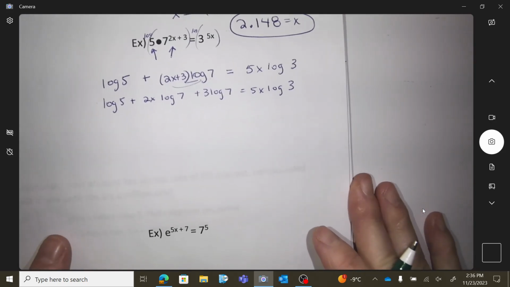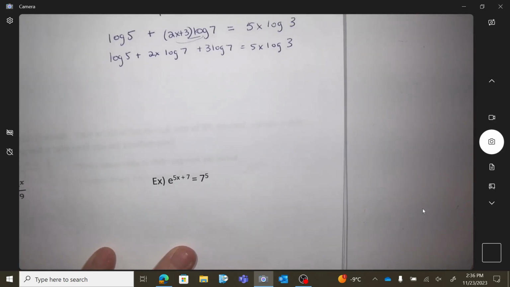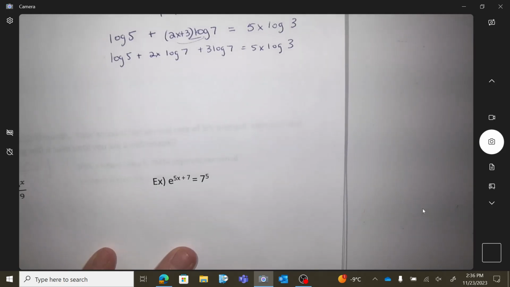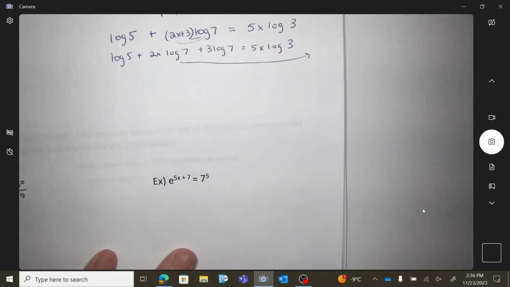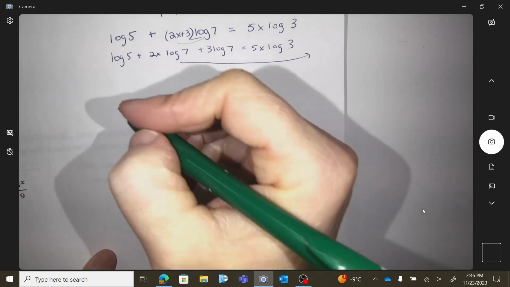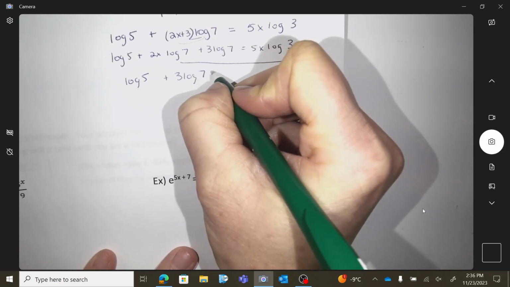When you look at this, here's what you're going to think. Anything that contains an x will need to be grouped on one half of the equation, and anything that's no x is on the other half. So what does that mean? I'm going to move that to collect x items onto one side. So there's no x in that, no x in that.